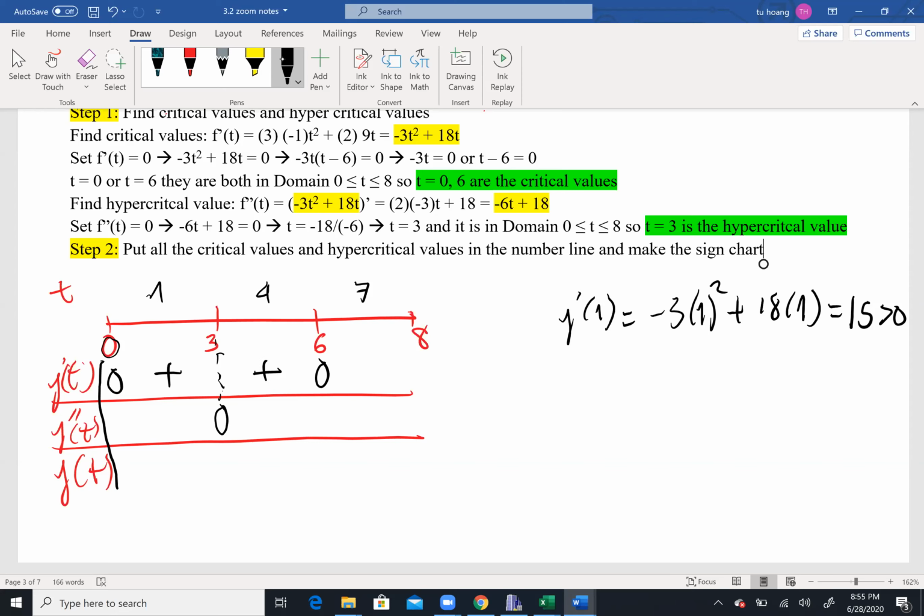If you want to check at f derivative of 4, that's going to be -3 times 4 squared plus 18 times 4.